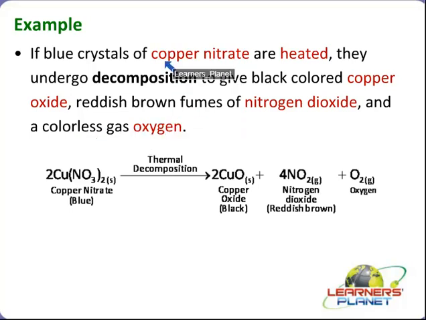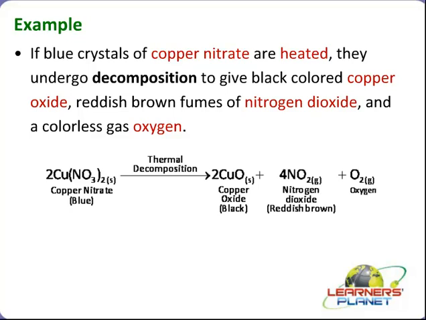Now students, copper nitrate. What is the symbol of copper? Cu. What is the formula of nitrate? NO3. What is the valency of copper? 2. NO3 has a charge of minus. So what will be the formula of copper nitrate?